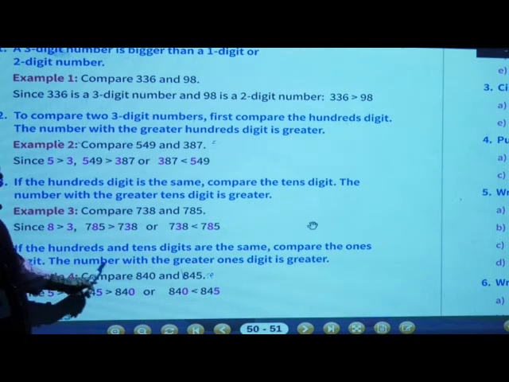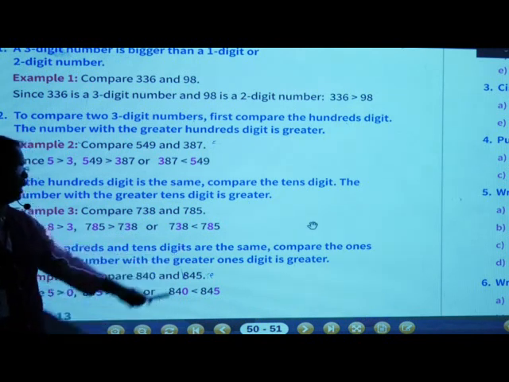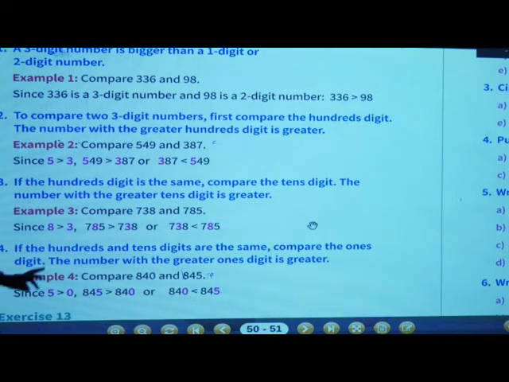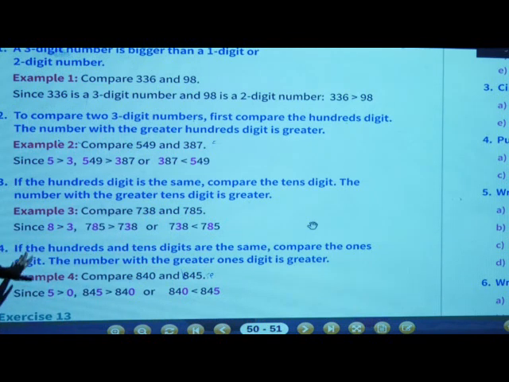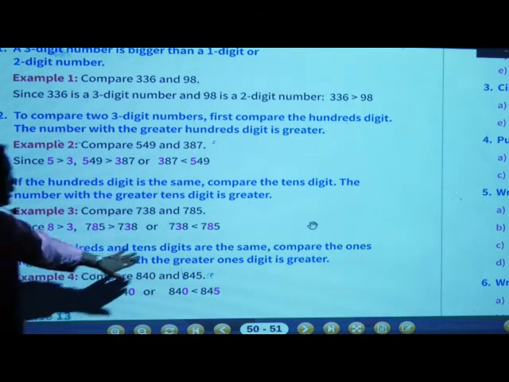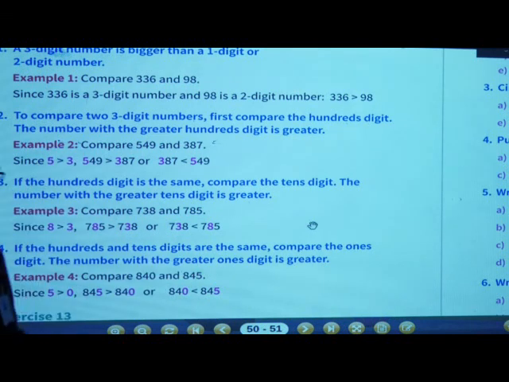The number with the greater ones digit is greater. Now if the hundreds and tens are the same, compare the ones digit. The number with the greater ones digit is greater. Now see here.